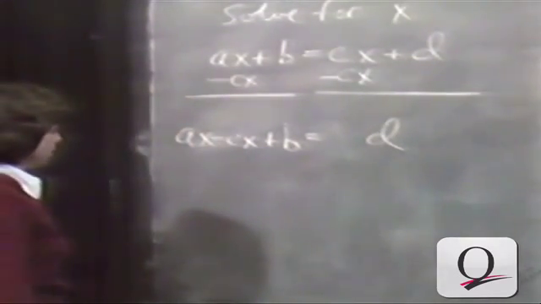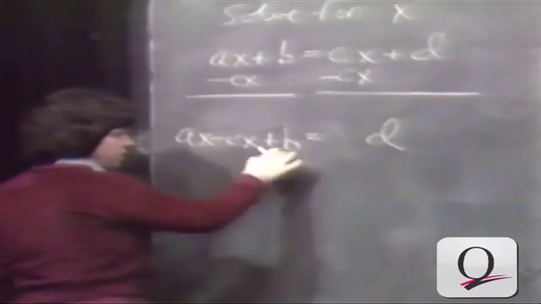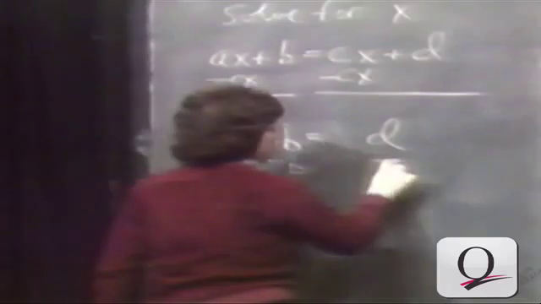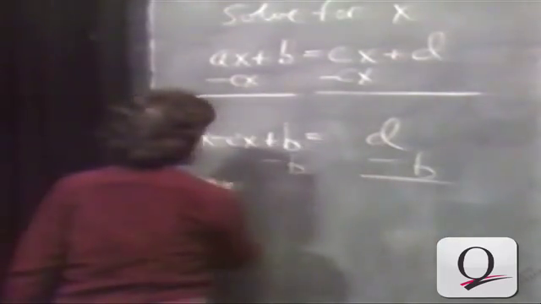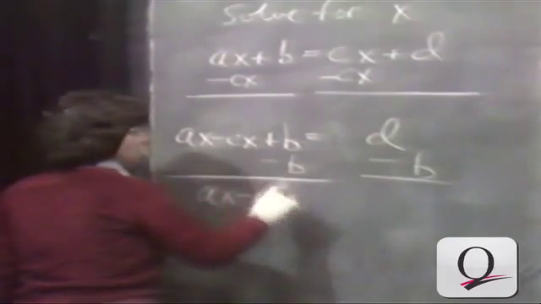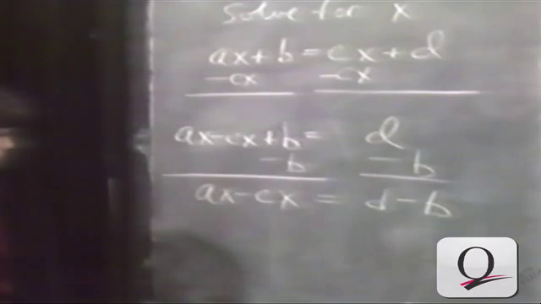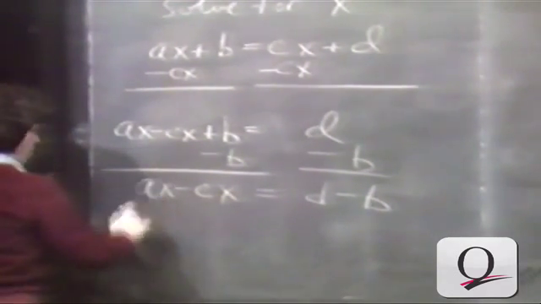Okay, now we want to get the terms with x alone on one side, so we have two terms with x. This term doesn't have x, so we will subtract b from both sides, giving us ax minus cx equals d minus b. And we can factor out an x, okay?